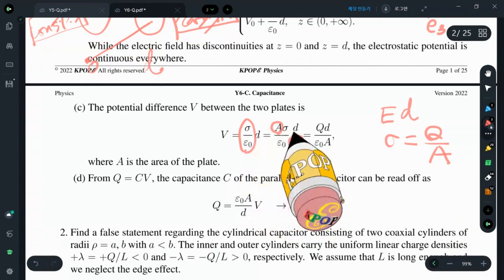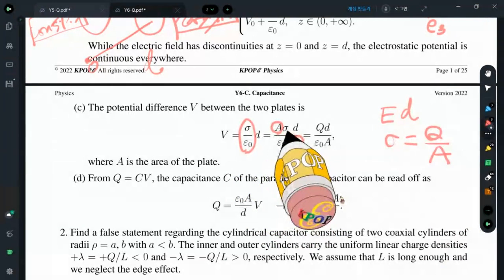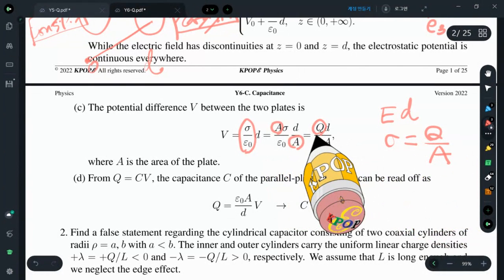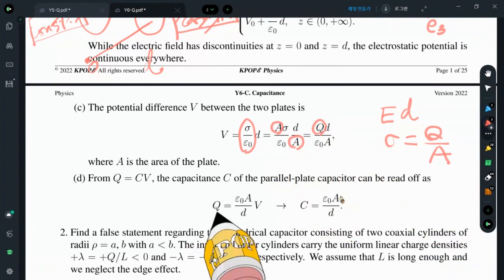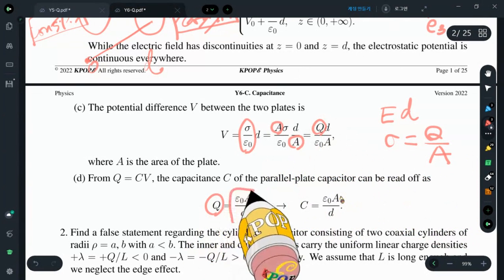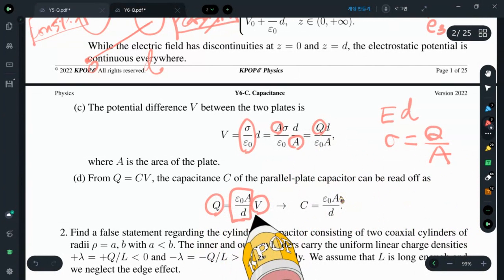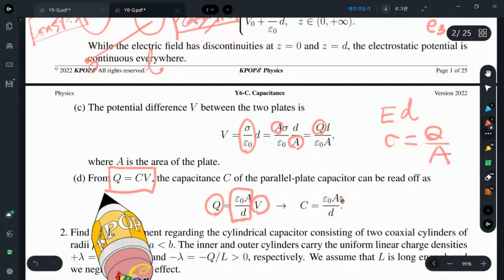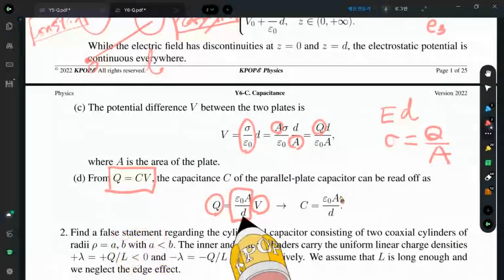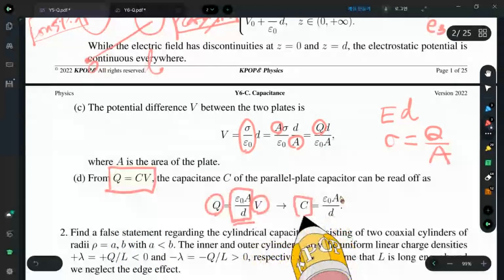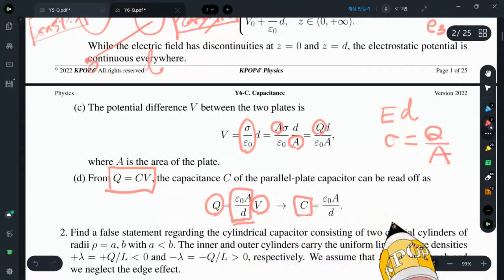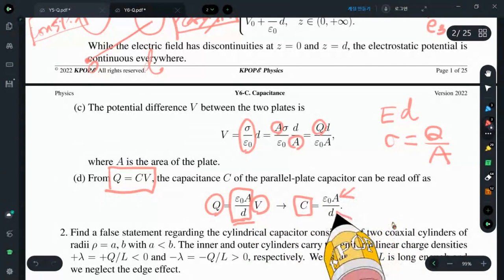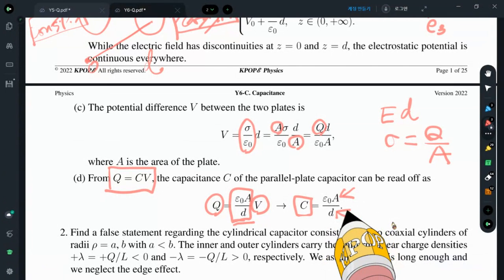They cancel, so this is identical. And sigma A is the charge Q. From this expression, charge Q is something multiplied by V. And the formula Q equals CV states that this coefficient is the capacitance of the parallel plate capacitor. So it is proportional to the area and inversely proportional to the distance between the two plates.